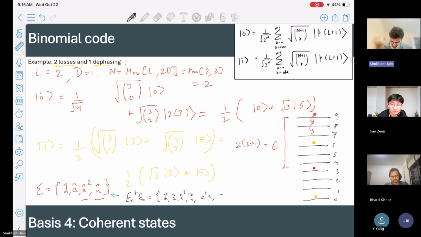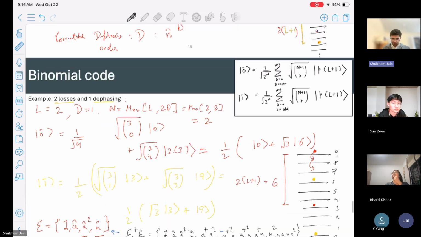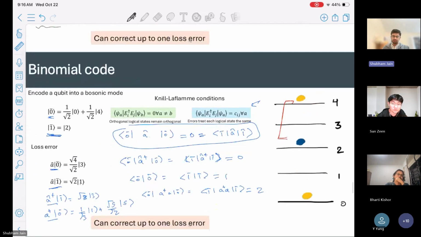This is already covered by N, but you would need to do it for A dagger squared, for A dagger squared N, for A squared A dagger N, and also for N squared and A squared and so on. So there are a lot more of these conditions, but you can of course do this by just plugging those operators and these states into these conditions.